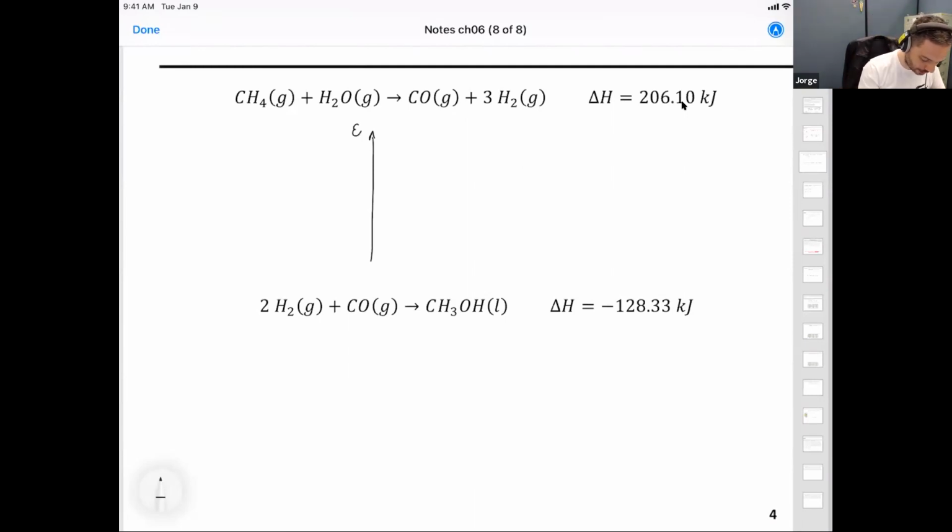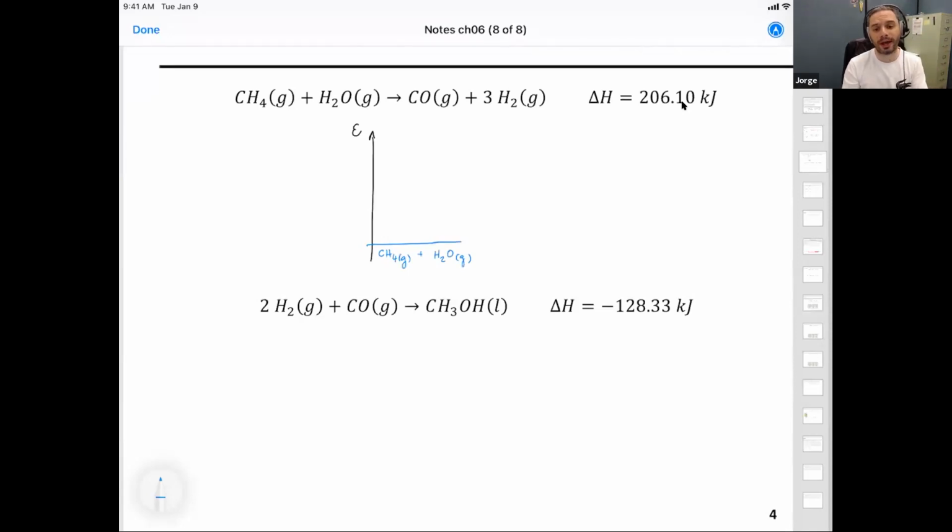So let's draw that. We are going to put here reagents, it doesn't matter where in the diagram. And now that I have a reaction, I'm going to write here who the reagents are.